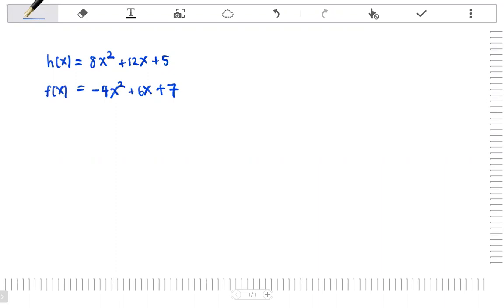Okay. So let's try this. h of x minus f of x. I think you guys can do this in your head, right? What would our first coefficient be?